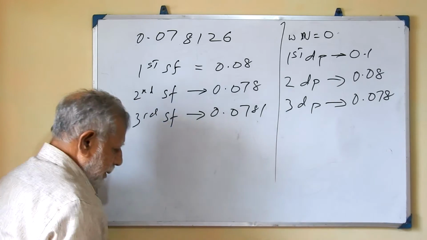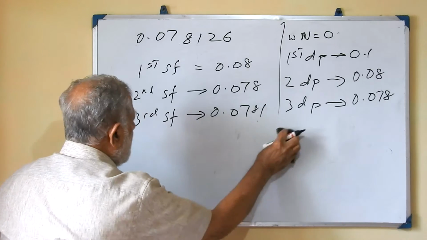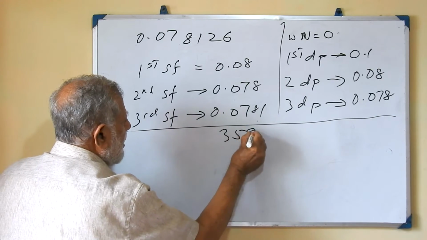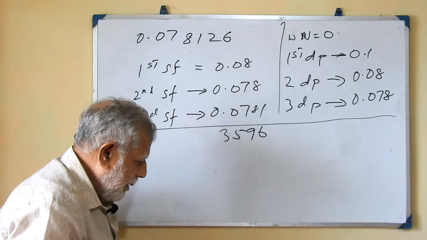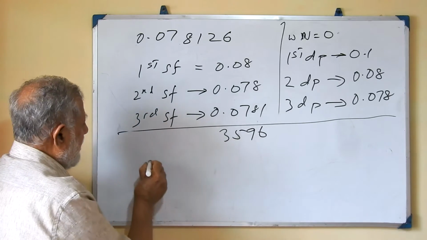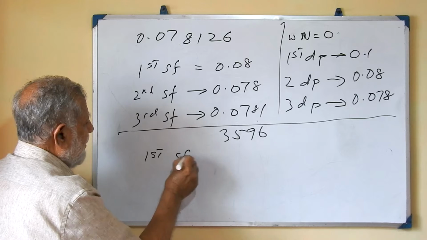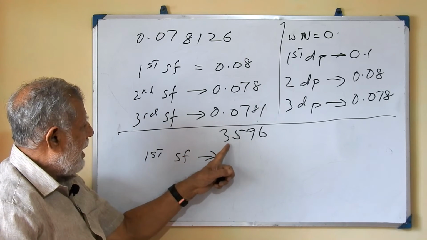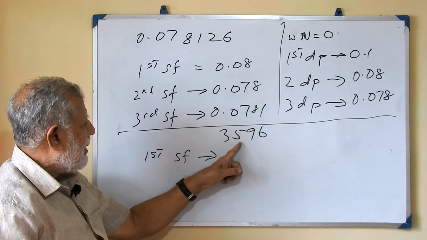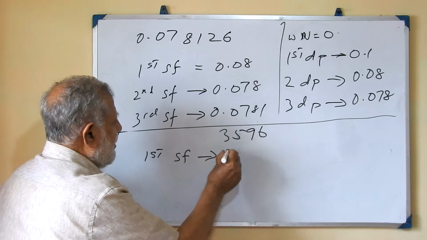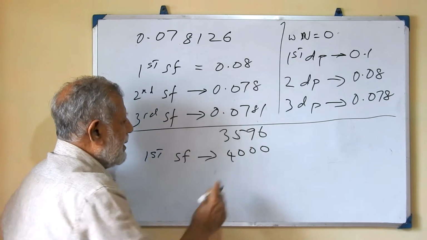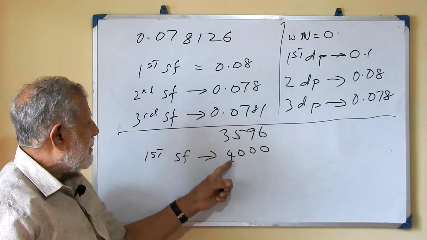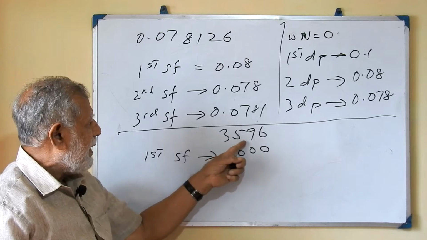We'll take another example, 3596. The first significant figure here: the first number is 3, but the next number is 5, so you have to add 1. So the answer will be 4000. Be very careful how to write the significant figures here. We can't just write 3 and leave it, because these are numbers 3596.